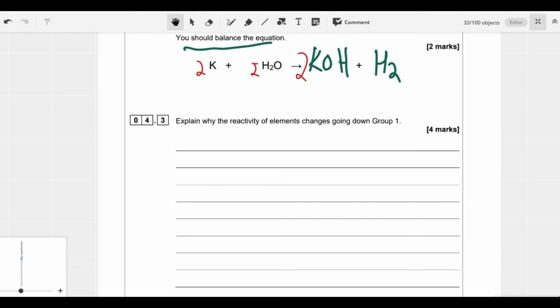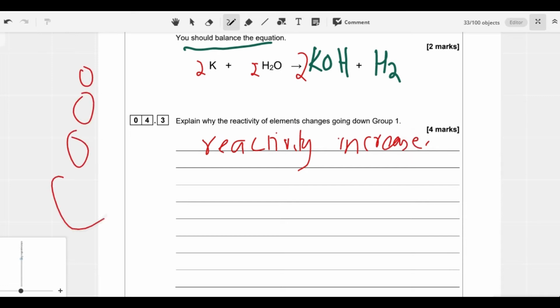Okay, and next is explain why the reactivity of elements changes when going down the group. The first thing to remember is that the reactivity increases. Why? The reason is that when we move from top to bottom, the atomic size increases.